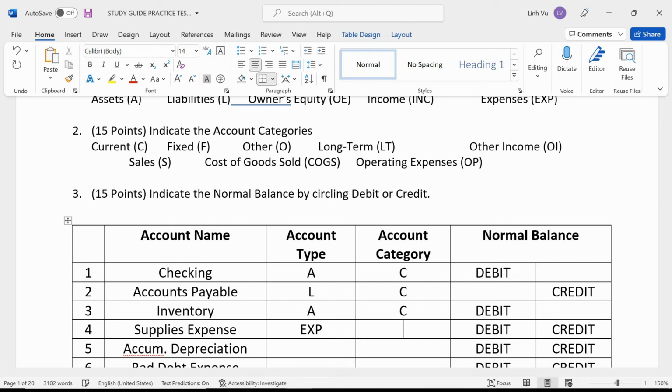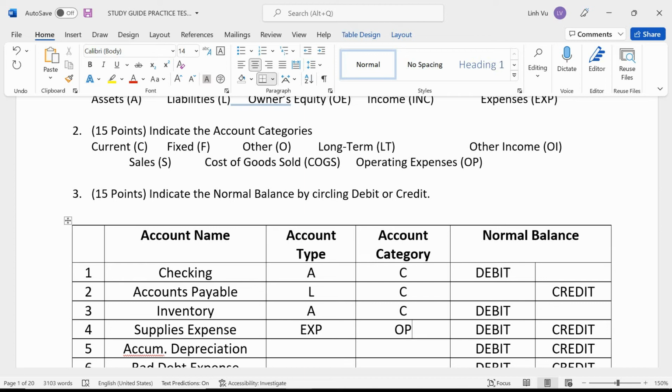Good. Now, what kind of expense would this be? It'd be an operating expense. Excellent. You need to have some supplies to be used during the accounting period to operate your business.